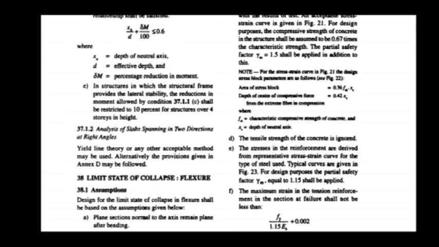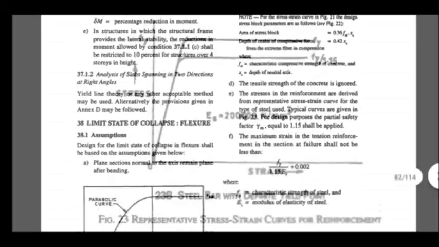Let's go to figure number 23. You can see in figure number 23, the partial safety factor gamma m, that is 1.15, is applied. So now, if you calculate 1 by 1.15, the value will be 0.87, as you see in figure 7c.